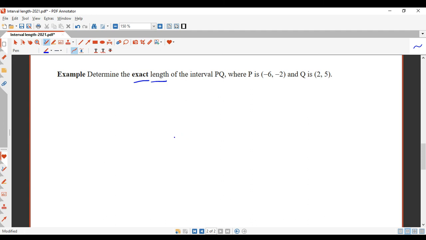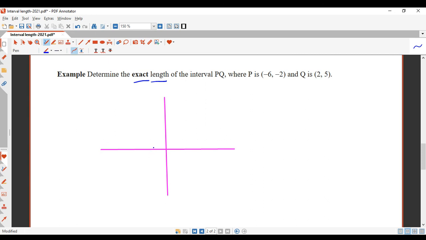Now, let's draw up our axes. So just going to have some vertical line there, some horizontal line there. That'll do. And just doing a rough plotting of the points. So minus 6, 2.